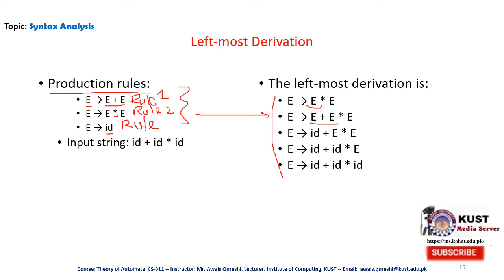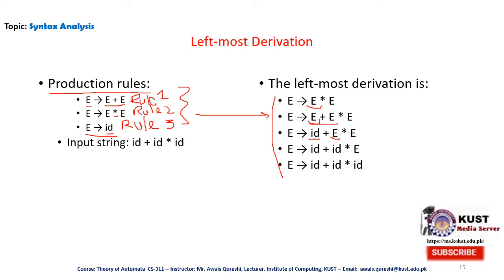Similarly, as you can see, we again derive and replace this part of the E with id, because this is rule number 3. We have replaced E with id, and after that we have replaced this second E with an id. We have again used rule 3, and so on.